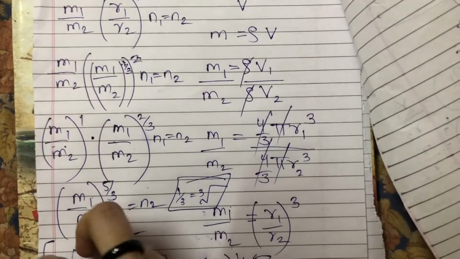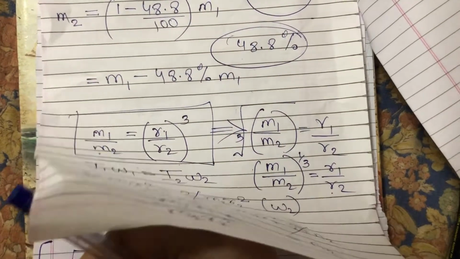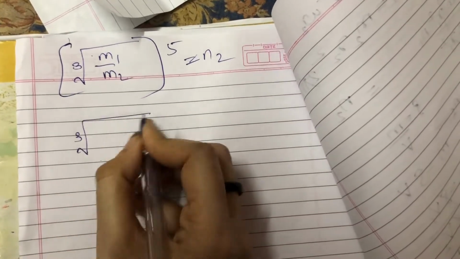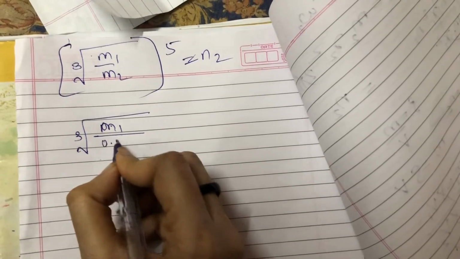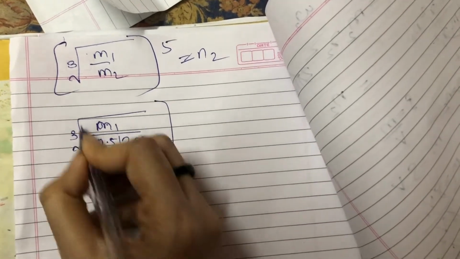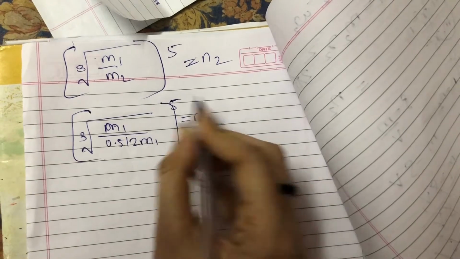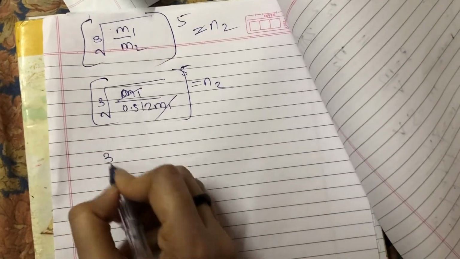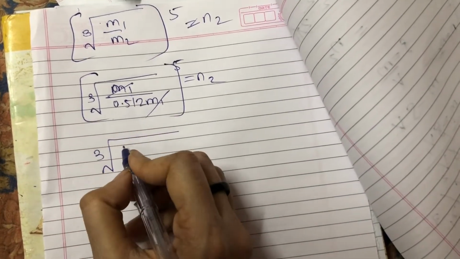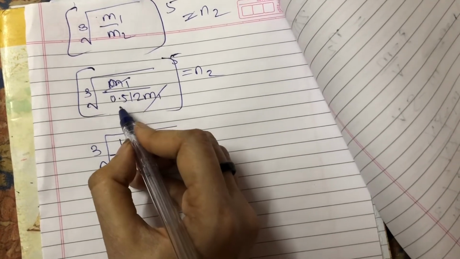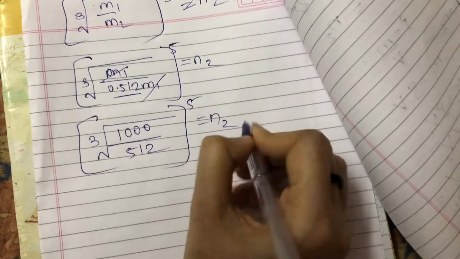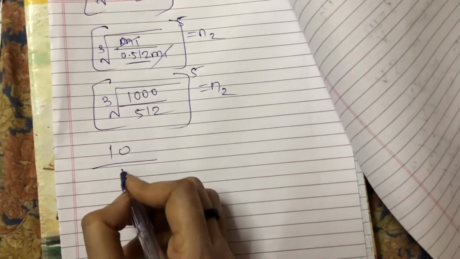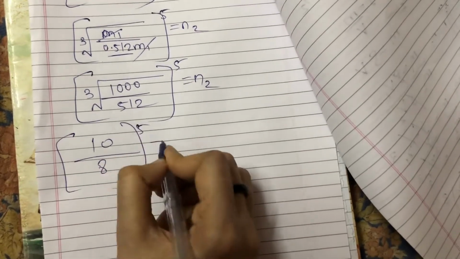So we will take that. m2 is 0.512 m1, and here raised to 5 is equal to n2. So m1 and m1 get cancelled. Now, cube root of 0.512, instead of that I'll write 1000 upon 512, because there are 3 numbers after the point. This will help me in making my calculation easier. Cube root of 1000 is 10. Cube root of 512 is 8. Raised to 5 is equal to n2.